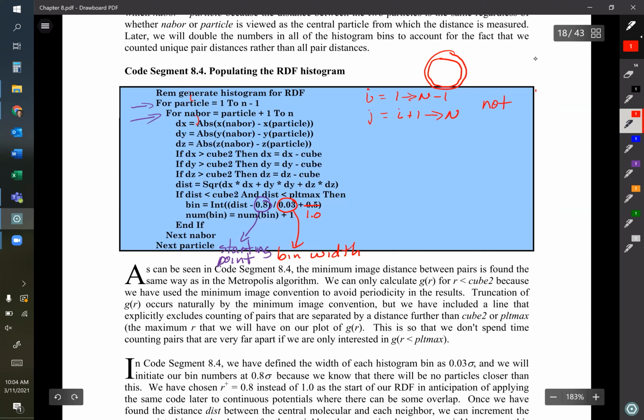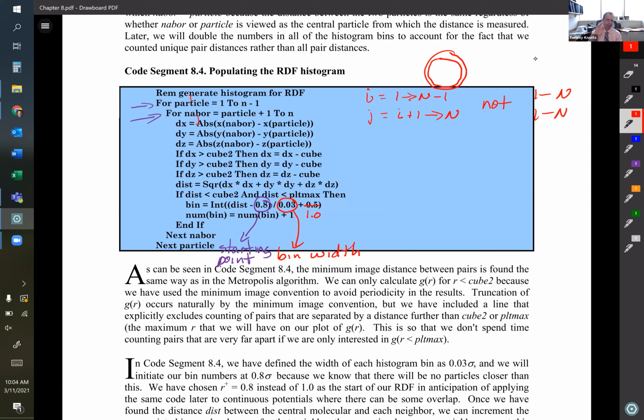Going 1 to n on both would double count each time. That's right. It would make 1, 2 and 2, 1 identical. They are identical, but I would be adding it twice. And I don't want to add it twice because it's a pair potential. 1 and 2 give me one interaction. One pair gives me one interaction. So this not only speeds us up, but it correctly counts things.